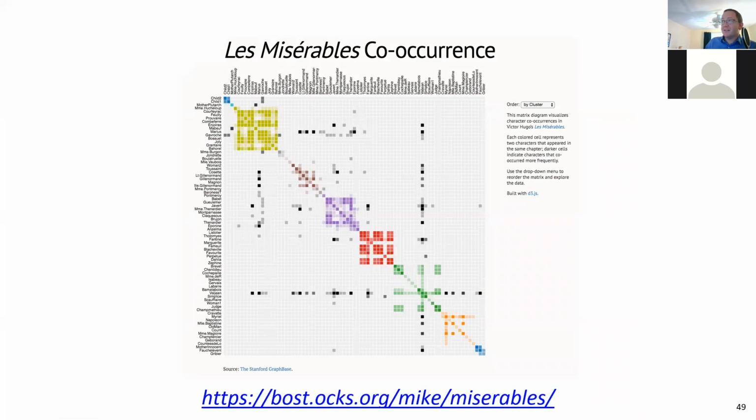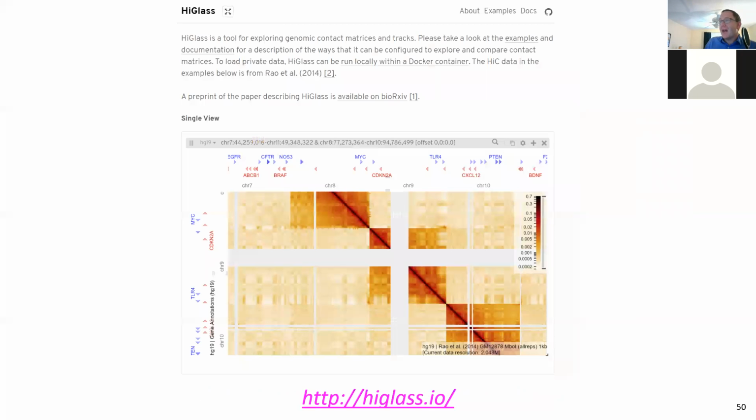So here's Les Miserables, the co-occurrence of all the various characters, for example. Here is Hi-C. This is a bunch of genetic data and what correlations you have with the various genetic sequences. And you can see particular patterns in here. You can see what correlates with what for various things.